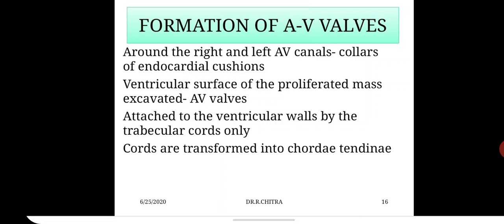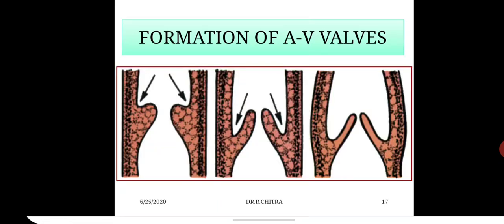So this is an additional note if you are asked about the formation of the atrioventricular valves. This picture I think you can understand. First the endocardial cushions appear, then they are excavated so that they will be completely transformed into the valves.